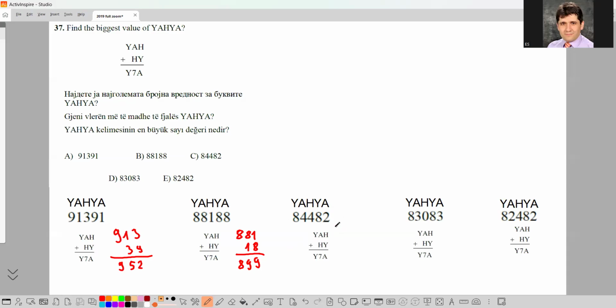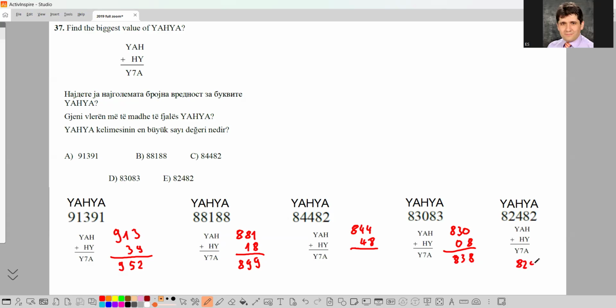So let's try under C. We get 844 plus 48. If you add, you'll see that you won't be able to get 7 here. So 83008, and you add this up, you get 838. And the final one, hopefully this one works.